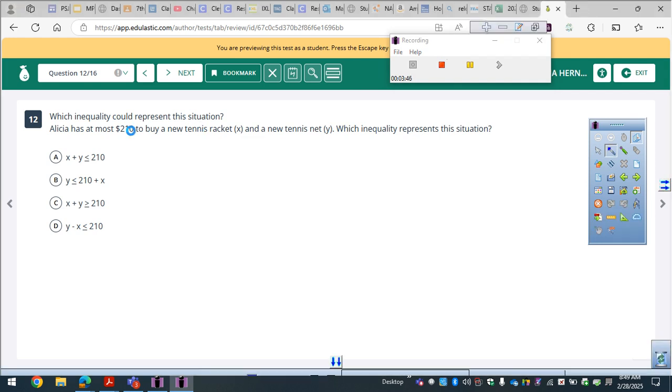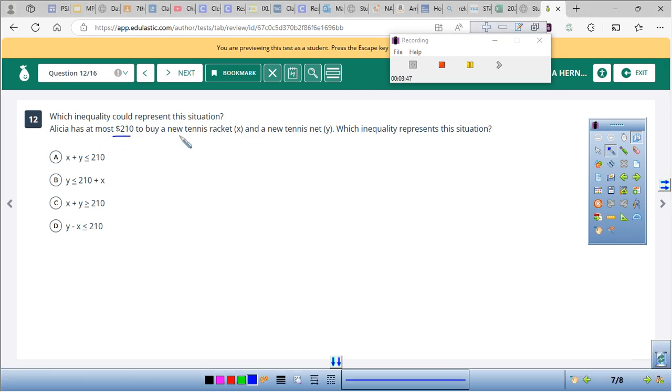Okay, so the situation is that she has 210 and she wants to buy a new racket plus a new net. So she's going to have an X and a Y. And the 210 is the most she can spend. So let's think about this. If this is the most, it's implying that that's the biggest she could have, right?